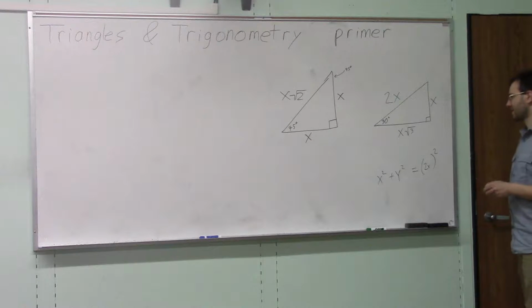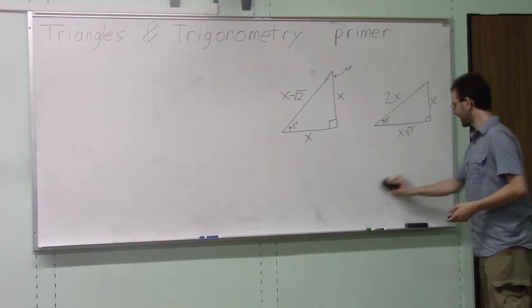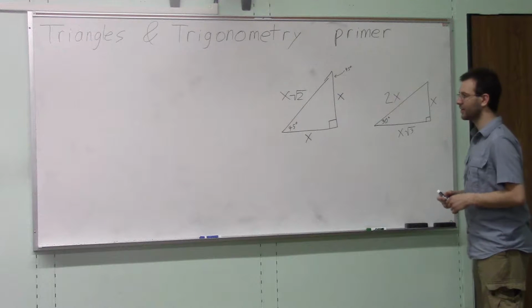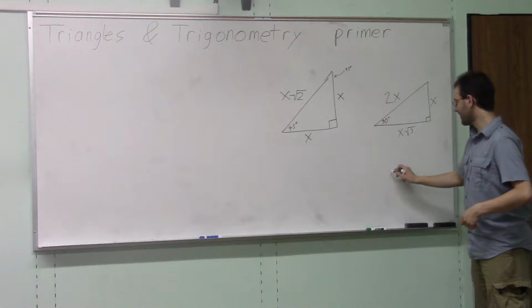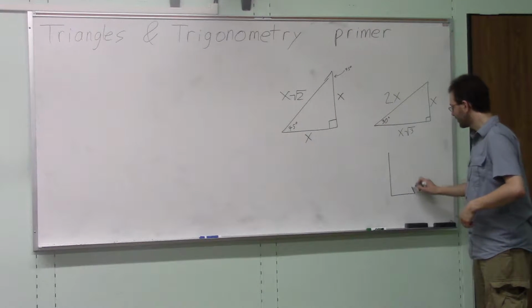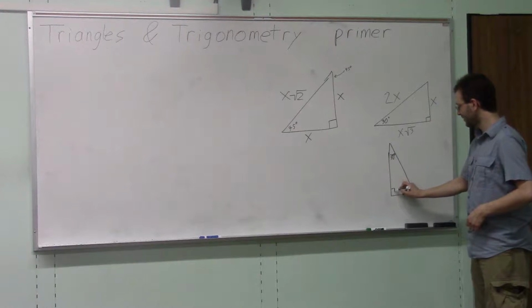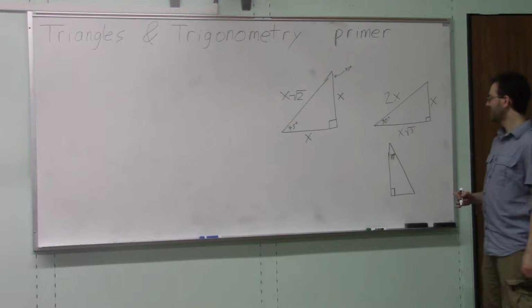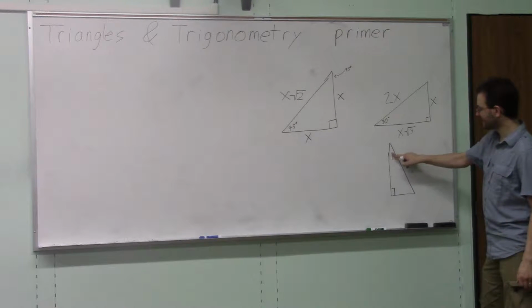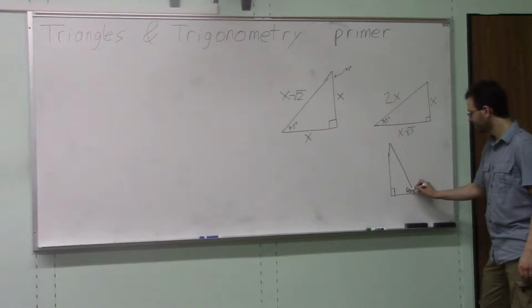And this is also something you'd be expected to be able to use to get around a 30, 60, 90 triangle. For example, let's say you have a 30, 60, 90 triangle where this is 30 degrees and this is 90 degrees. They've told you this. Or maybe they've told you that this is 60 degrees instead.